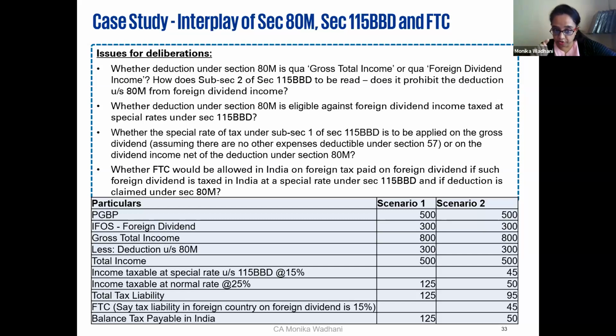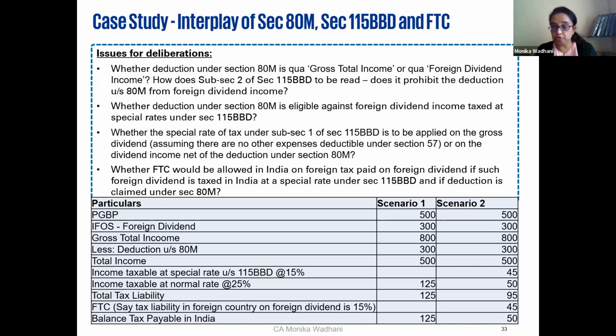And if, for example, I go with the same theory that 80M is qua gross total income and not qua a particular source of income, and if I also apply the principles upheld by the Honorable Bangalore High Court in the case of Wipro, and also followed by various other rulings, wherein it has been held that it is not necessary that you have to actually pay the tax in India.